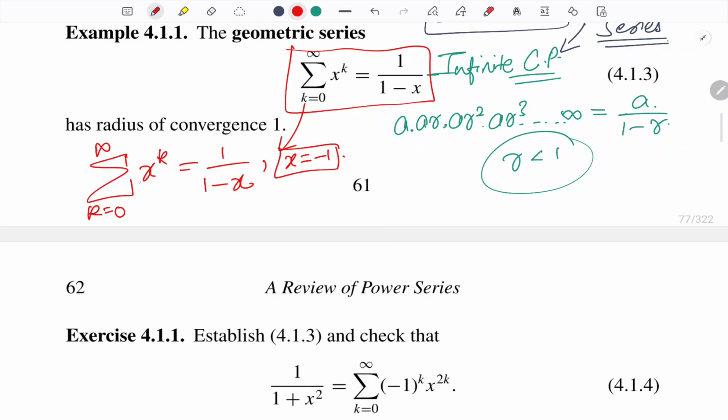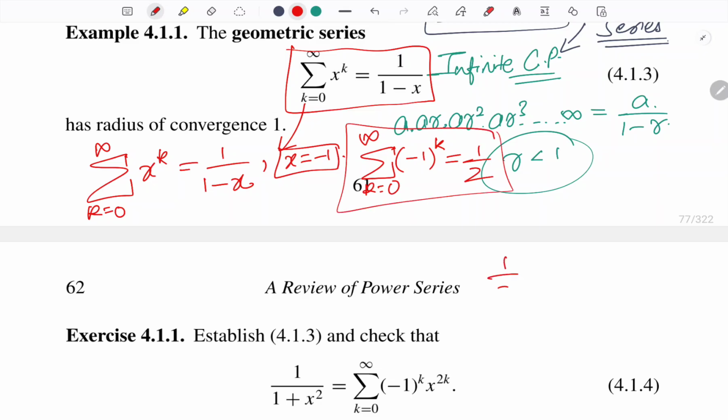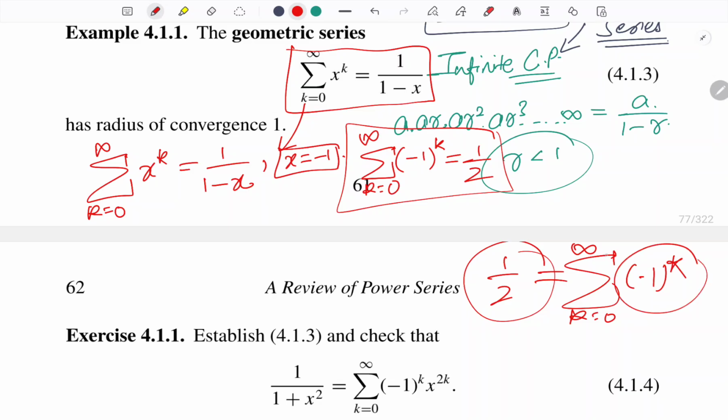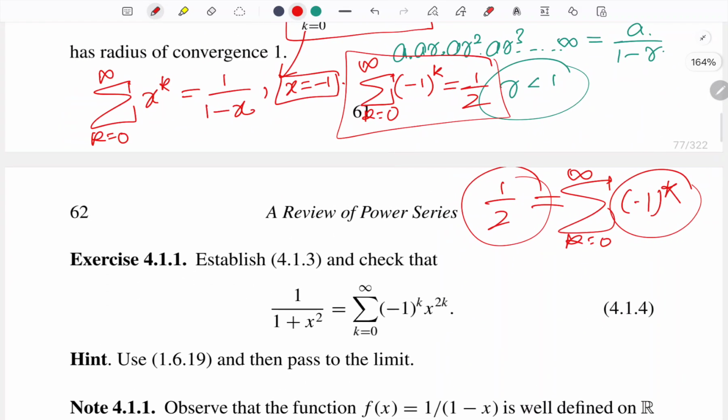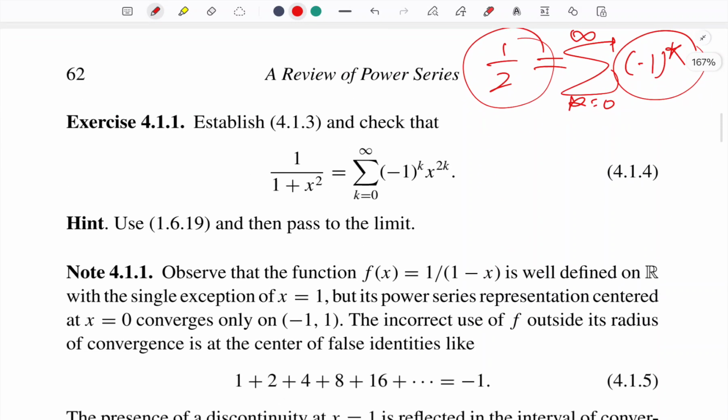When you put x as -1, this series from k equals 0 to infinity of -1 to the k is just 1 over 2. How crazy this is. You can replace 1 over 2 by this series. This is really crazy, and I love to study this. Every time I feel wow when I study this.